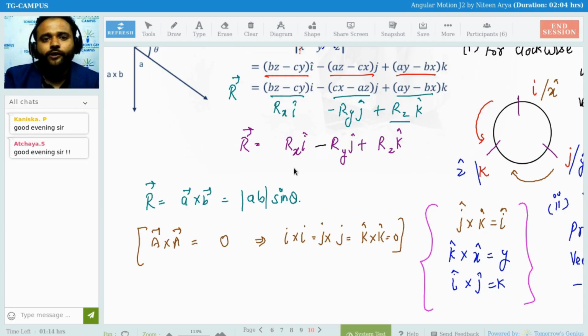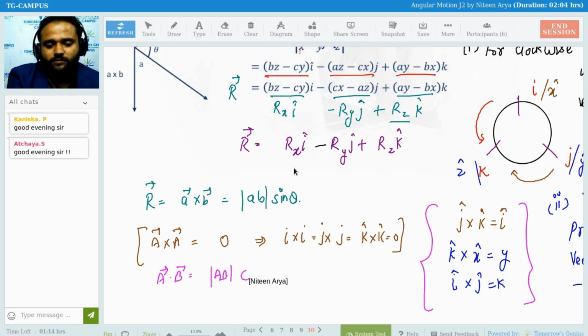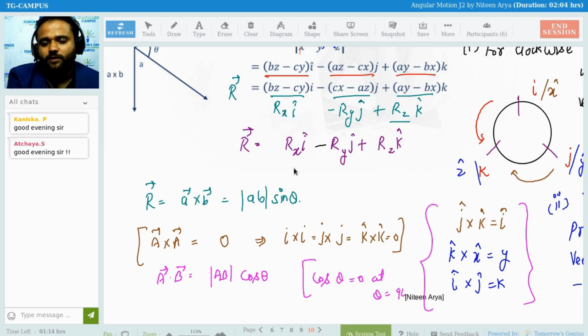One thing also: if you need to prove two vectors are parallel, if the cross product between the two vectors is 0, then they are parallel. And if you need to prove the two vectors are perpendicular, you prove that A dot B is 0, because A dot B is AB cos theta, and cos theta is 0 at theta equals 90 degrees.